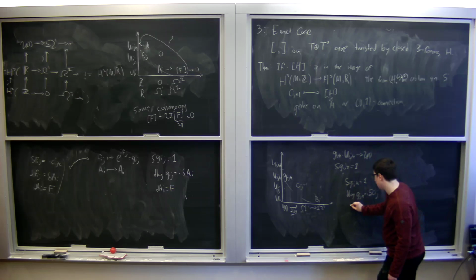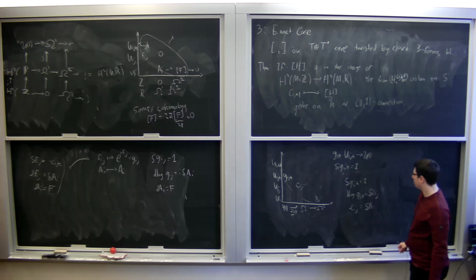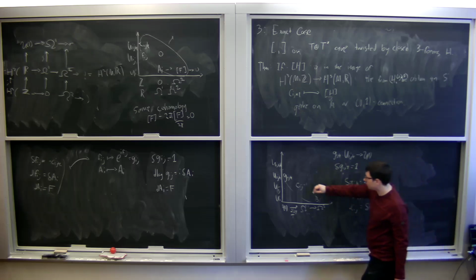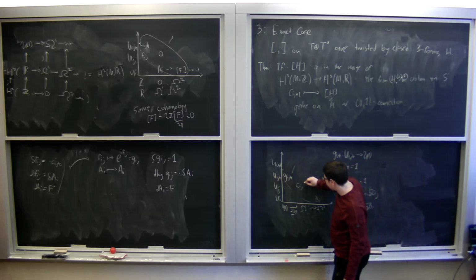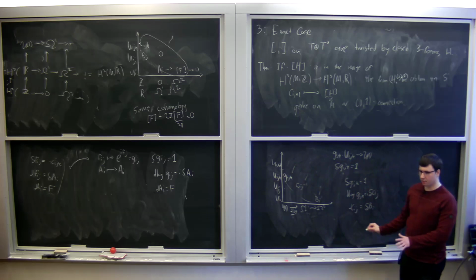And finally, dC_ij is equal to delta B_i. So just to reiterate, this is the gerb, this is the 0 connection, this is the 1 connection. All right, everyone happy with that description?